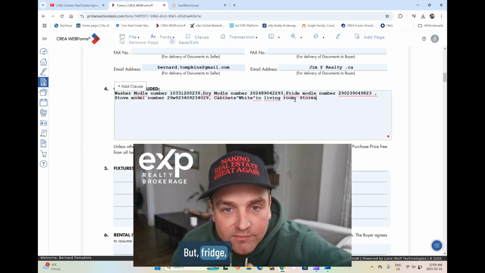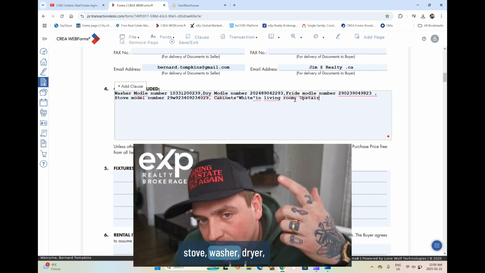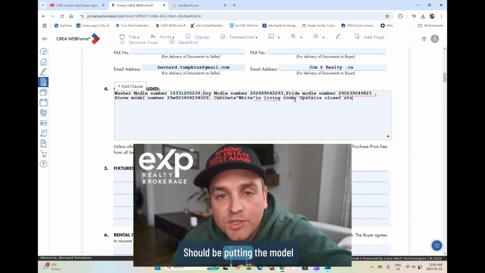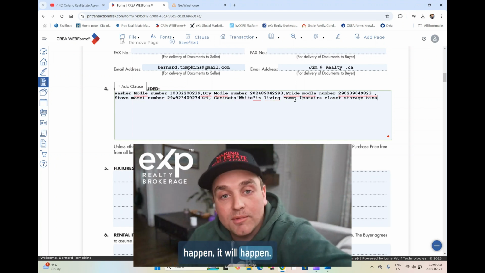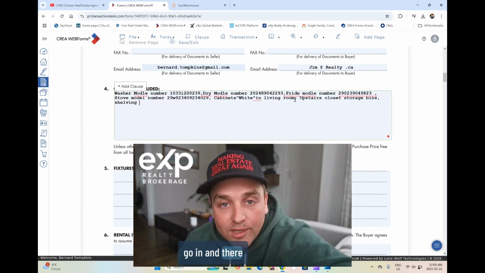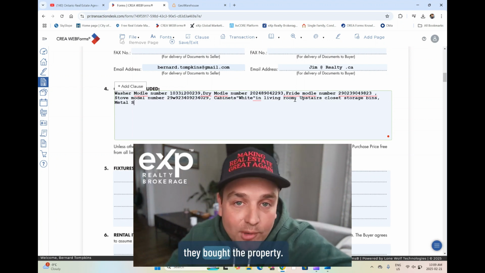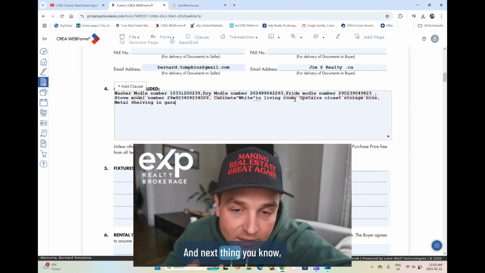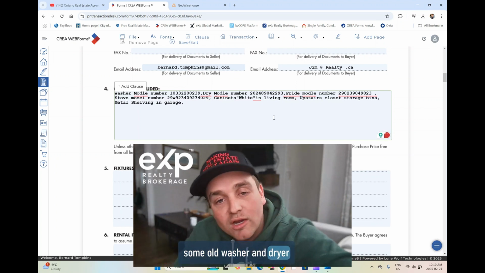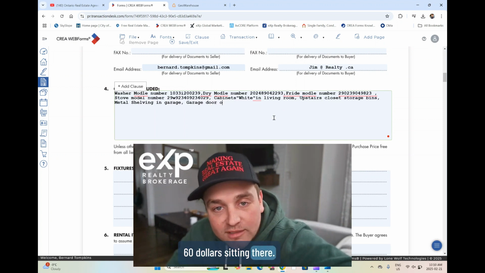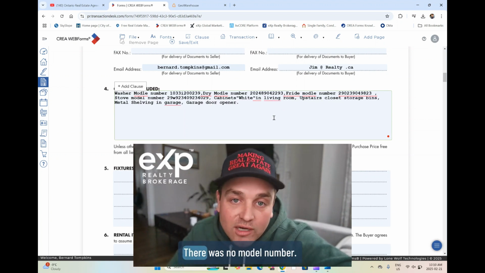But fridge, stove, washer, dryer, you should be putting the model numbers in there, because I'm sure if it can happen, it will happen. I've heard stories where they go in and there was a brand new washer and dryer when they bought the property, and next thing you know, they're moving in and there's some old washer and dryer that might be worth $60 sitting there, and they go, well, yeah, that's the washer and dryer. There was no model number.